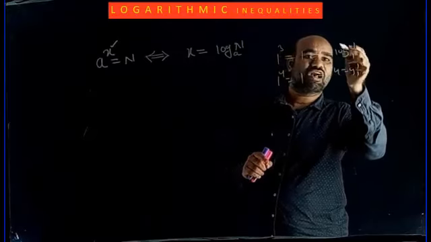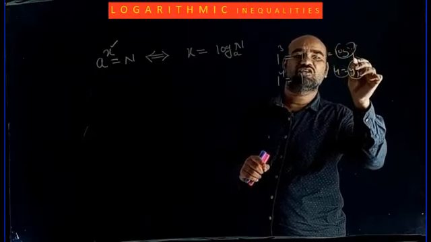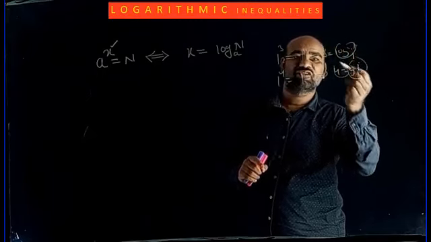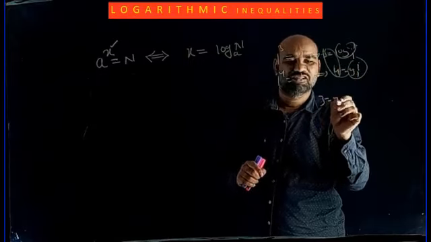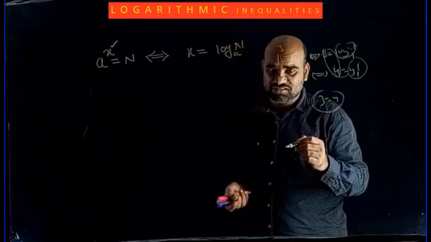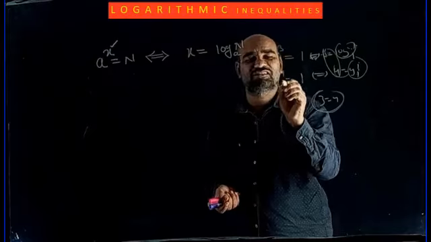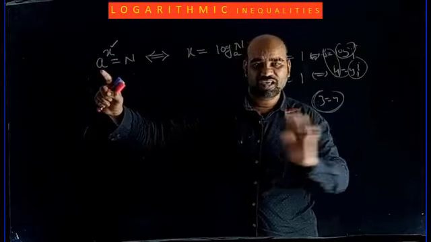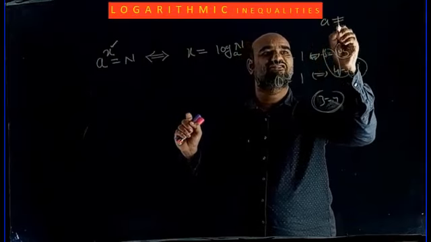Observe here, RHS parts are equal for these two equations, so 3 equal to 4, which is mathematically wrong. That's why we don't take base as 1. The first condition: a is not equal to 1.